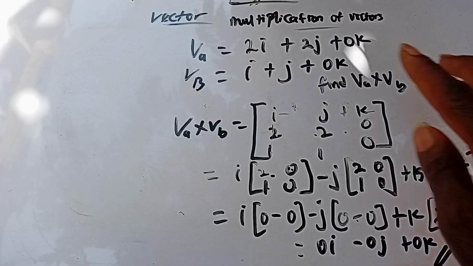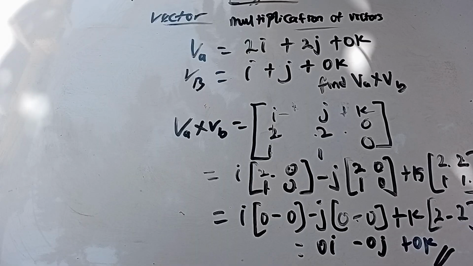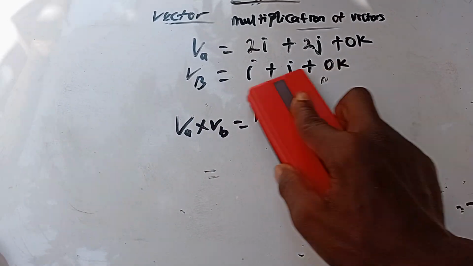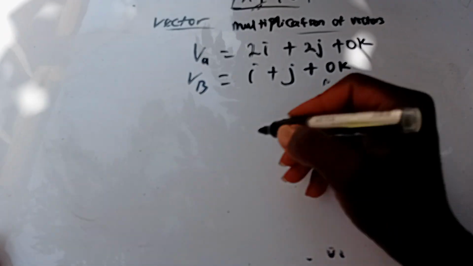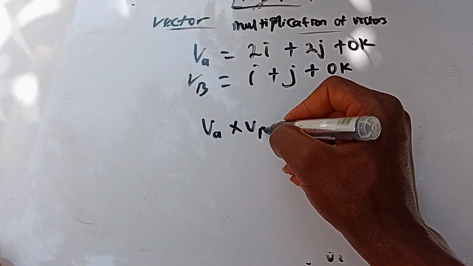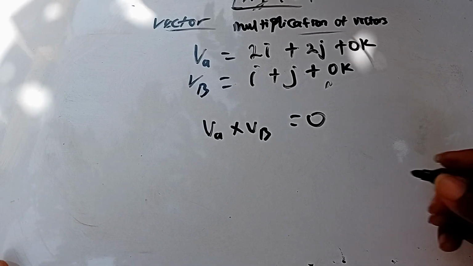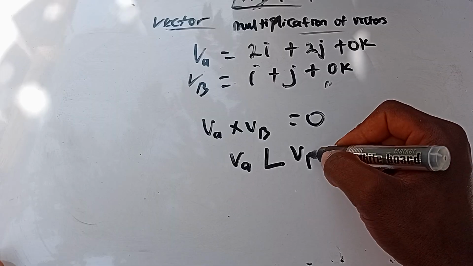Now, if VA cross VB equals 0, what does it mean? It means that VA is perpendicular to VB.